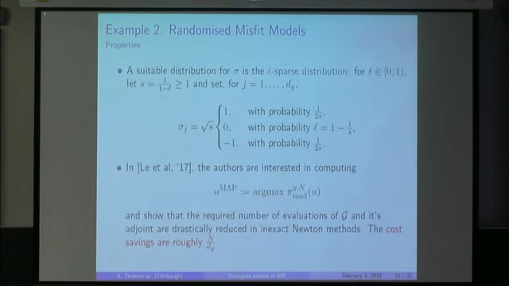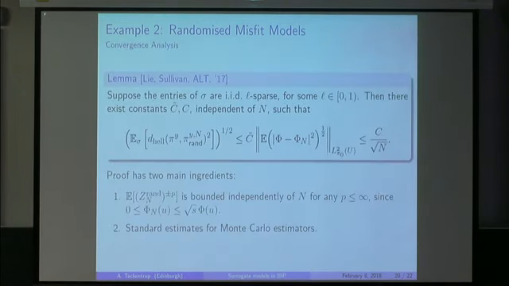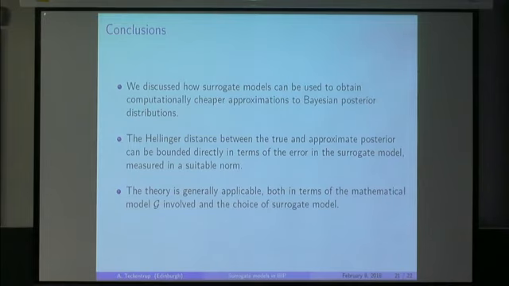I don't think I want to go through the details, but essentially we then also again can show convergence in this case. So we again have the application of the general theory here, that you can bound it in terms of this, and then essentially it involves a Monte Carlo approximation, so this is where the square root of n comes from here. But if you're interested in that, then you can come in and talk to me later.